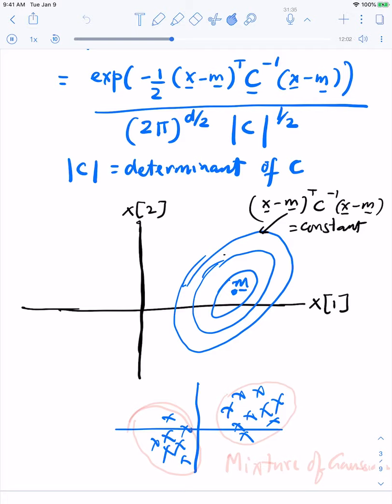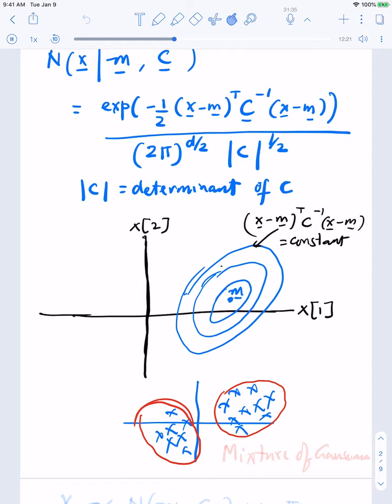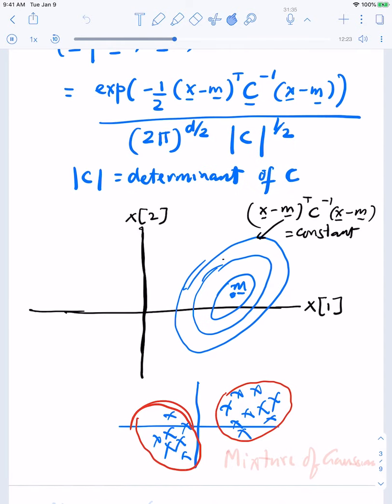But I could try to fit two ellipses to this. So let me change the color to red and fit one ellipse like this and another ellipse like that, right? And so now we have managed to fit a couple of Gaussians to this data, right? And then, of course, real data will not look as neat as that.